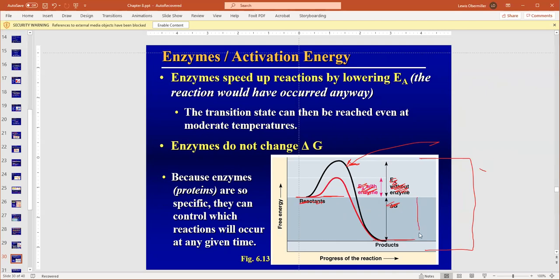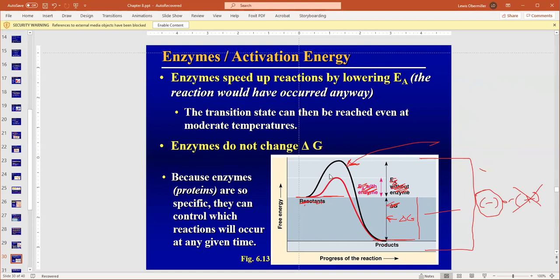And so the difference between those, this arrow right here represents delta G. So because the reactants are higher than the products, is this the delta G negative or positive? Negative. Right. So rocks roll downhill, right? So you're right. It is not positive, it's negative.